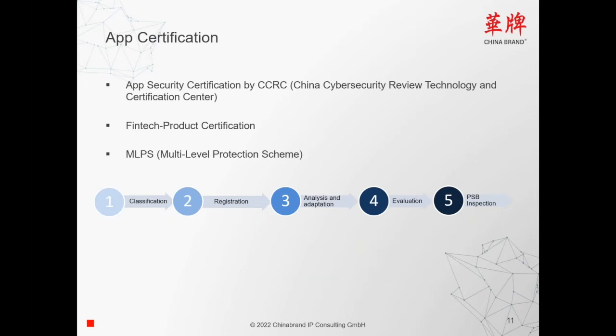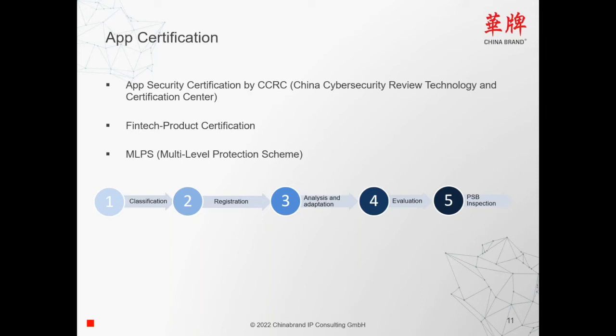Thank you, Leah. Currently, there are not so many certifications for apps in China. Typical app-related certifications include App Security certification by CCRC, China's App Security Review Technology and Certification Center, Fintech Product Certification, and MLPS, Multi-Level Protection Scheme.